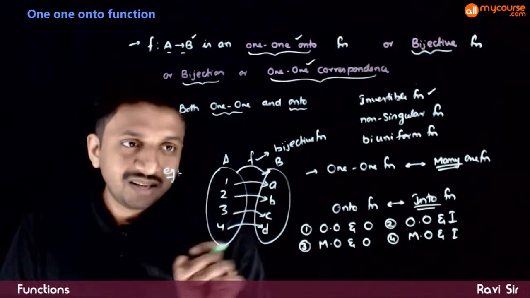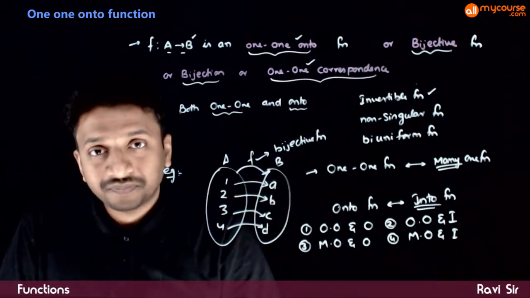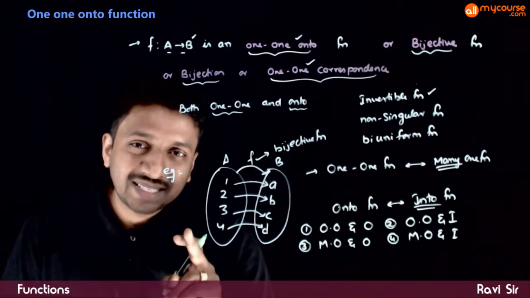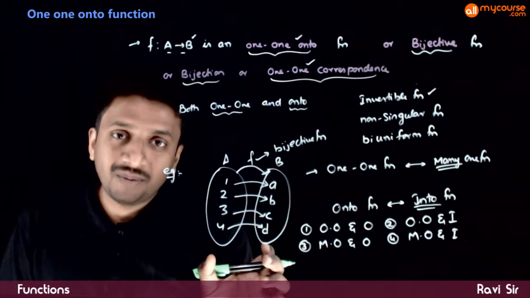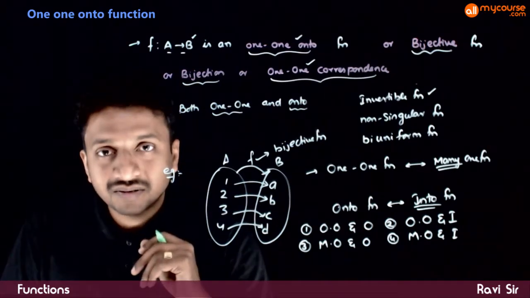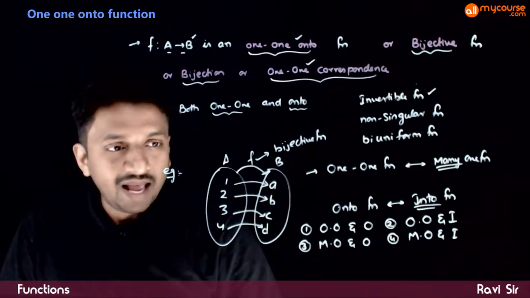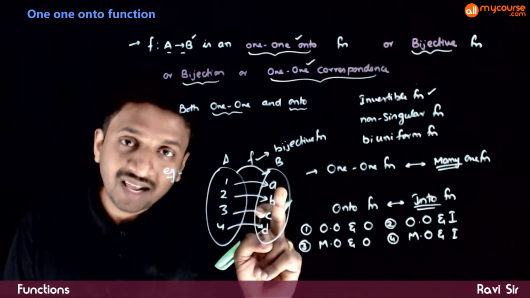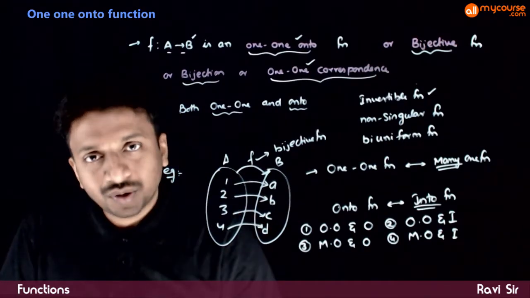So as you can see, if f is a bijective function, the number of elements in A has to be exactly equal to the number of elements in B, if the number of elements are finite. That is, if A contains 10 elements, B also has to contain 10 elements, and one element in this has correspondence to a single element in this, next element to the next element, third element to the third element, and so on.